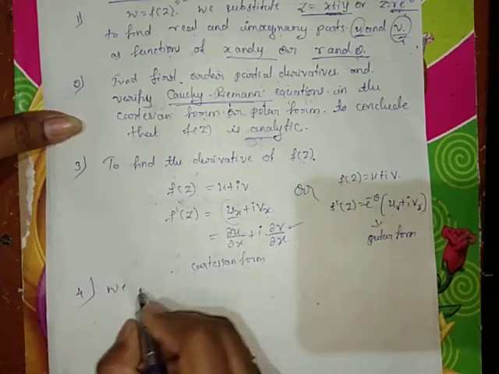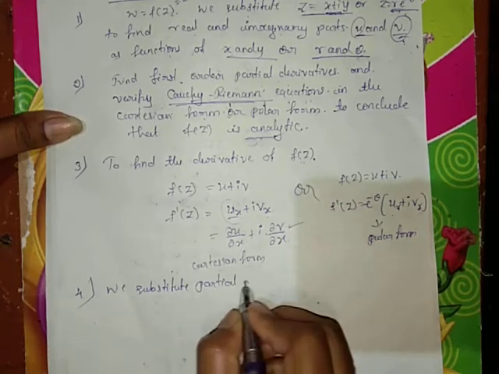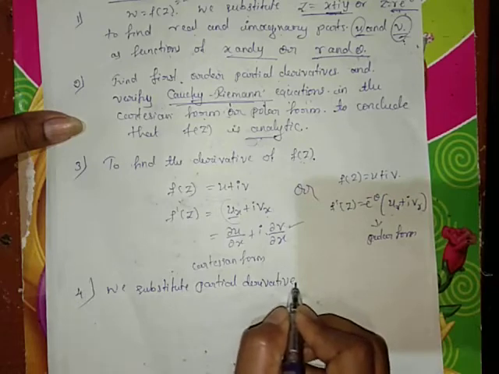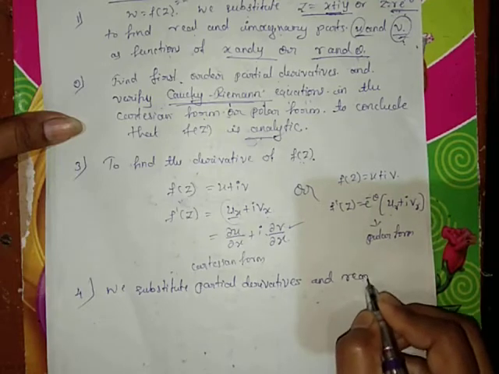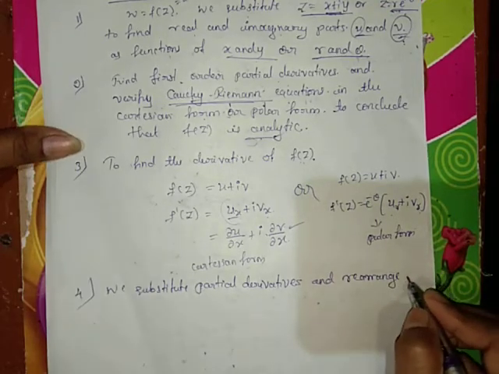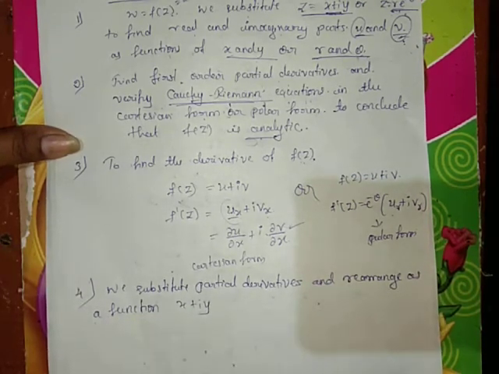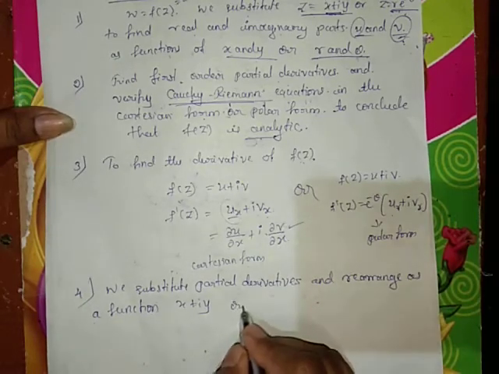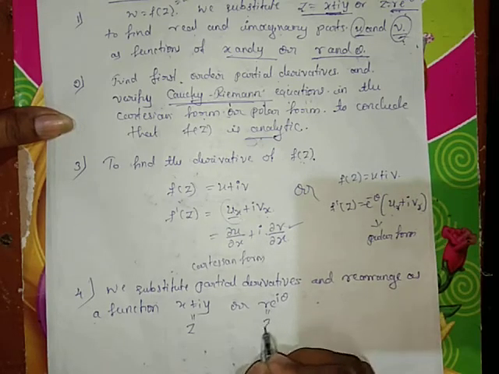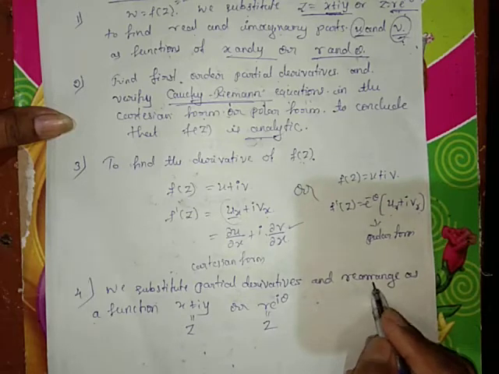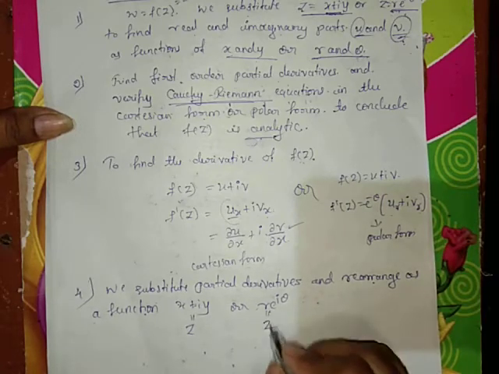So the fourth step states that after we substitute the partial derivatives, we have to arrange the terms as a function of x plus iy or r into e raised to i theta, because to substitute it as z, we have to rearrange it as a function of x plus iy or r into e raised to i theta, which is z.